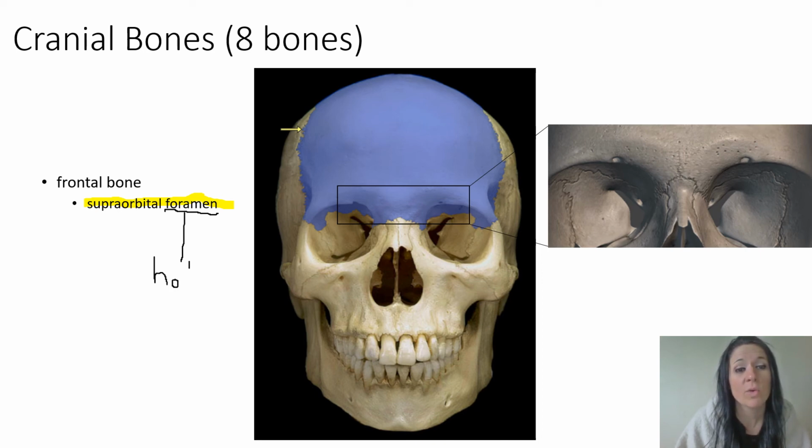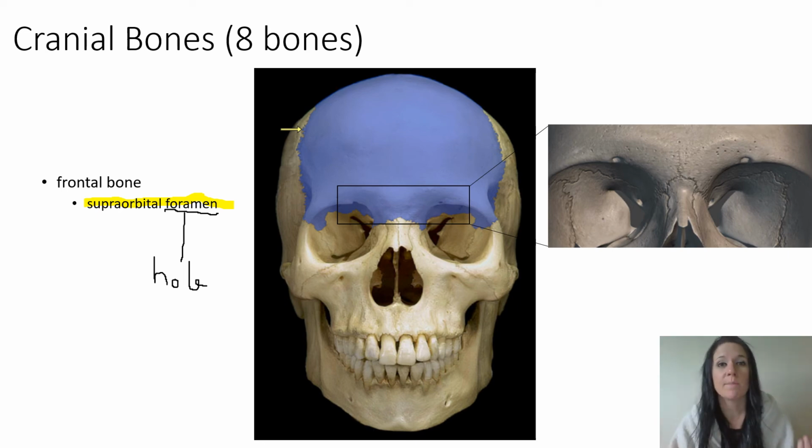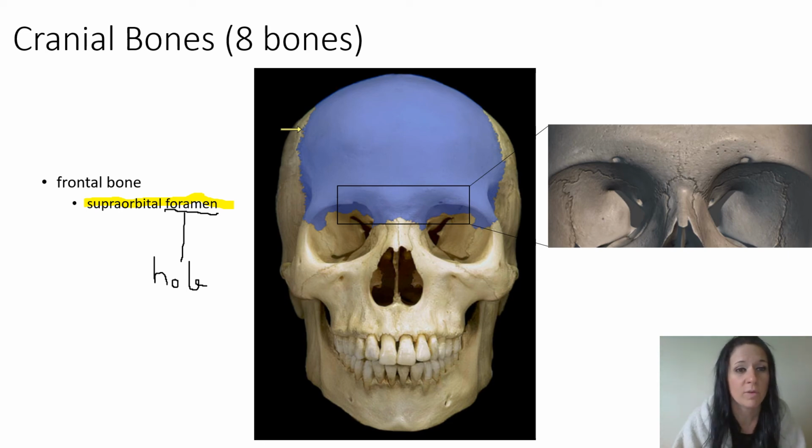Throughout this video, we're going to see a lot of foramen. A foramen is just a little hole or passageway that a nerve or artery or something is going to be passing through. A lot of times they're named for their location or for what's passing through them. In this case, we have the supraorbital foramen.